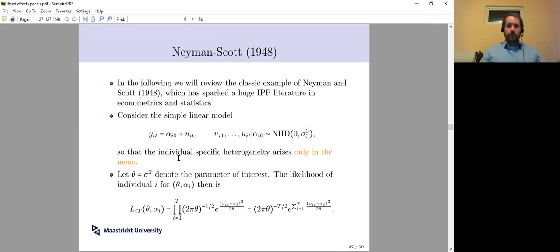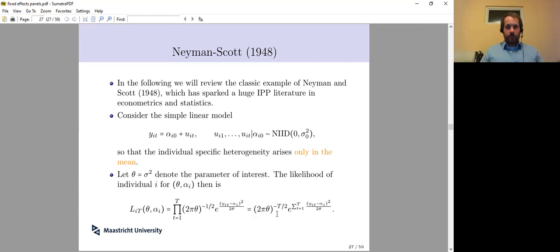Okay, let's go back to our theta notation for the parameter of interest. So we want to estimate this thing here. Therefore, we can write the likelihood depending on theta and alpha simply as the product of the individual normal densities. So this is the normal density, and we simply take the product across t because we assume independence, or actually IID data across t.